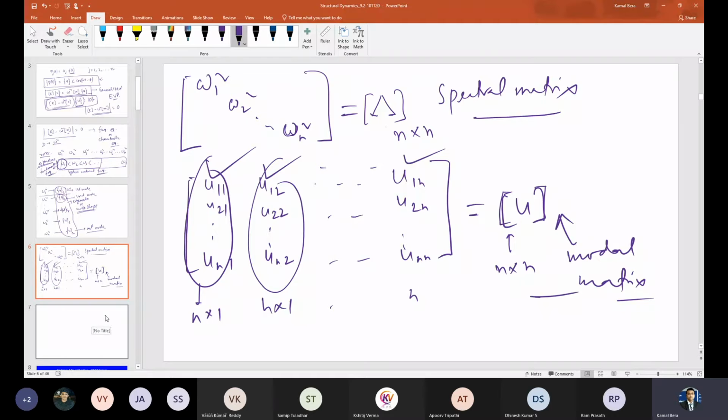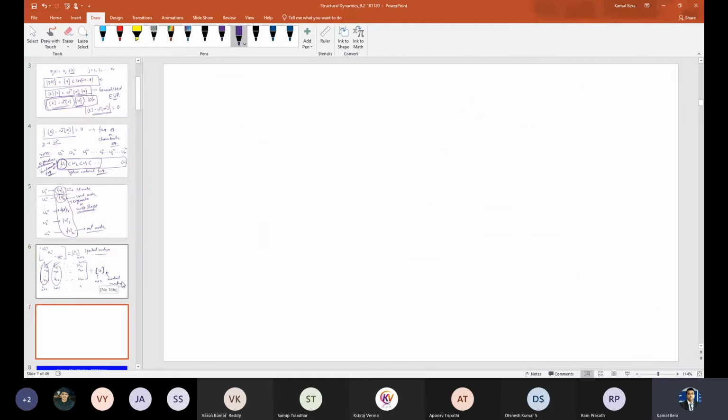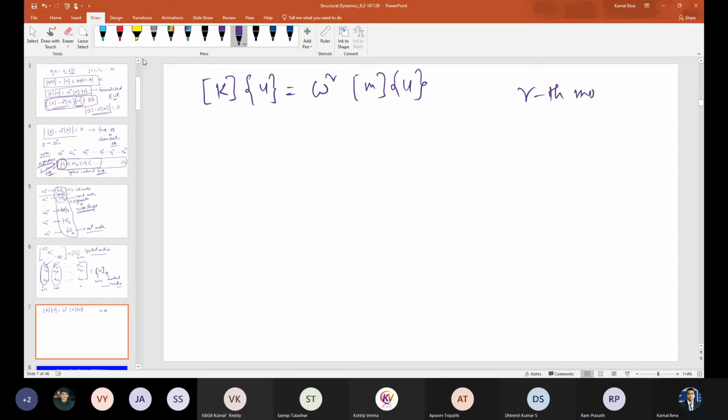Okay, so now let us formally prove the orthogonality of the mode shapes. My eigenvalue problem is k u equals omega square m u, right? Let us consider two distinct modes: one is the rth mode and another is the sth mode.